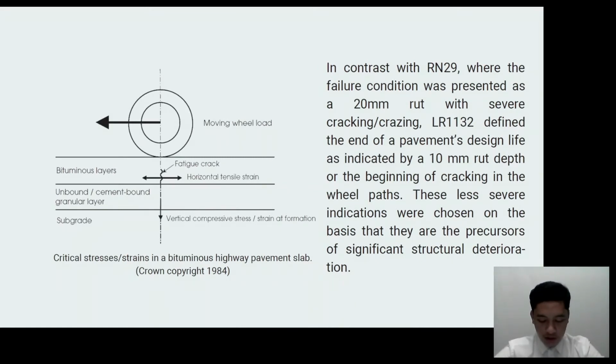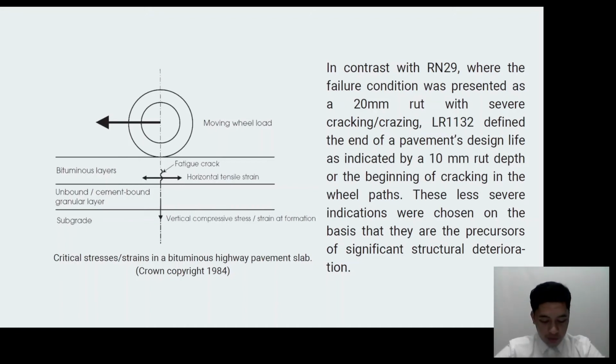These least severe indications were chosen on the basis that they are the precursors of significant structural deterioration.